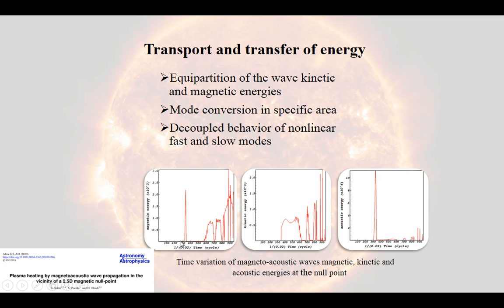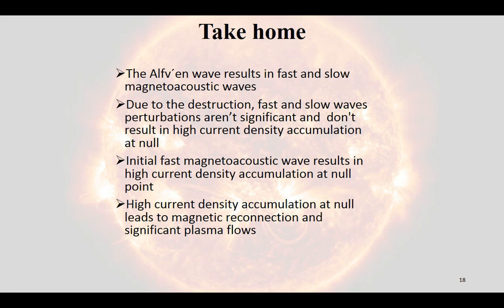Whenever the sound and Alfvén speeds are equal, we have mode conversion. Apart from this layer, fast and slow nonlinear magnetic waves are decoupled. In other words, when we have magnetic energy, we don't have any kinetic energy. That's interesting. That means that nonlinear fast and slow waves are decoupled.